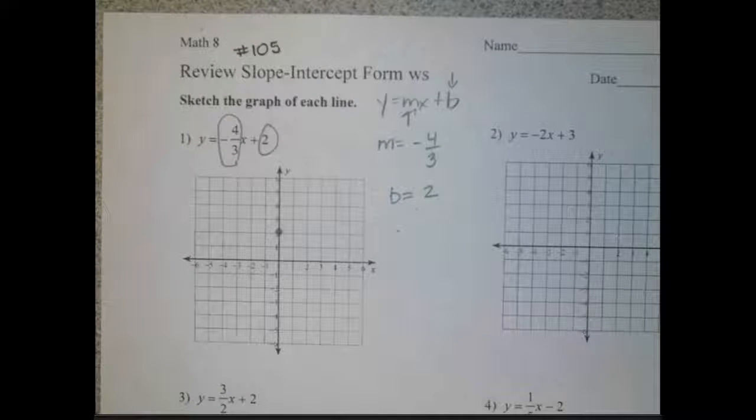You guys remember? So now how do I graph my slope of negative 4 over 3? Tell your partners first. There needs to be a conversation. How do I graph my slope? You're going to graph your slope by... Explain.